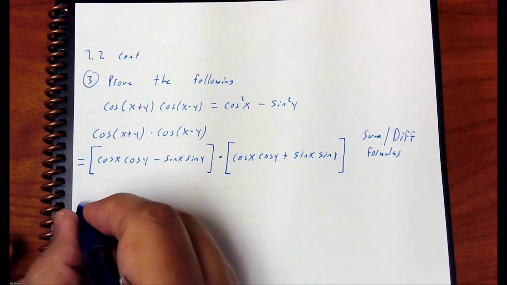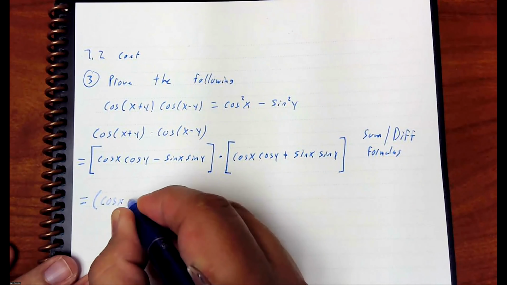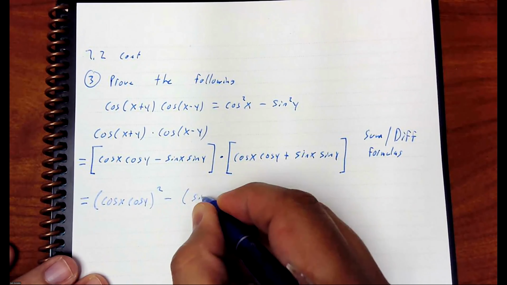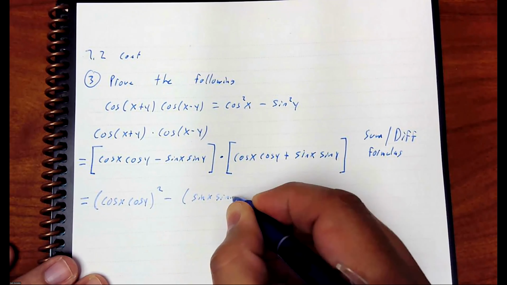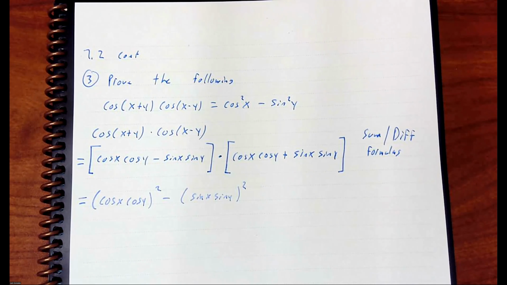The formula says this will simply be the first term squared minus the second term squared. If you FOIL it all out, everything will cancel, leaving you with those two regardless.